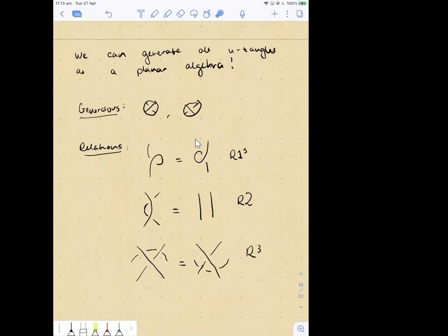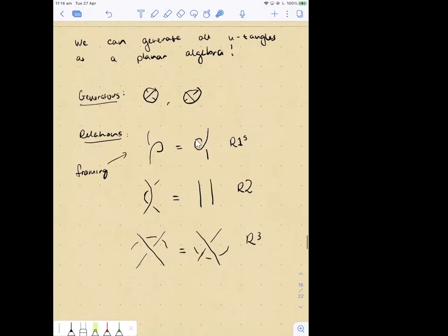This essentially comes from framing, so we're dealing with framed knots, framed links, essentially. But then we just have the normal Reidemeister 2 move, where the overcrossing is inverse to the undercrossing and we can pull them apart. And then we have Reidemeister 3 here, where if a strand is underneath the crossing, we can pull it past the crossing.